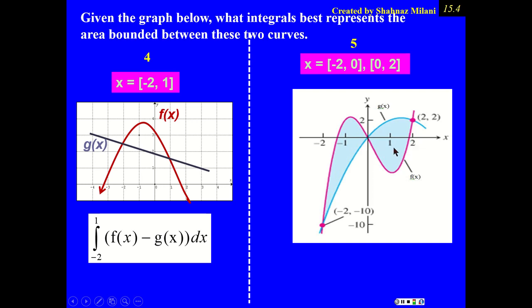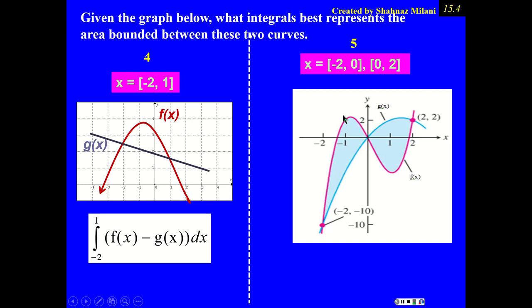Now, let's look at the first area, which is here, between -2 and 0. For example, pick -1. When x is -1, for the f of x equation, my y value is right here, and for my g of x, my y value is right here.